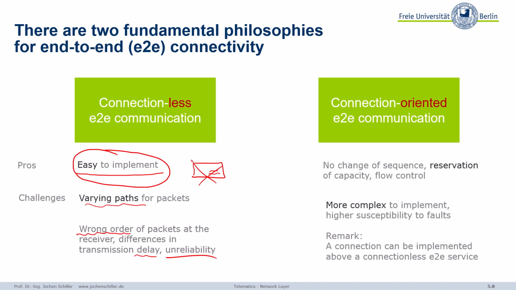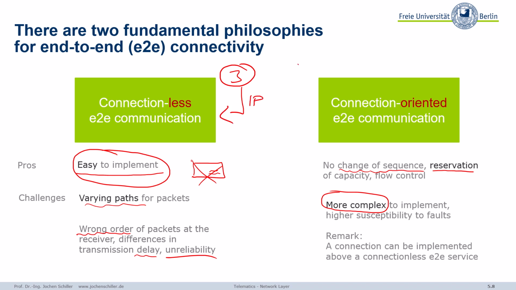So for connection-oriented communication, well, we have to do this reservation, but then we do not change any sequence. There's no out of order delivery, so we know actually where the traffic flows, but it's more complex to implement. So what happens if a connection breaks, then everything breaks, etc. So connection-oriented is a bit more complex, and we will see layer 3, the internet, does connectionless. So IP is connectionless.